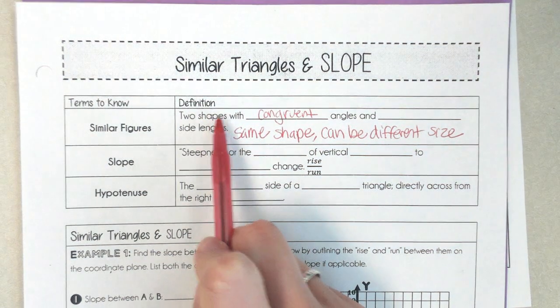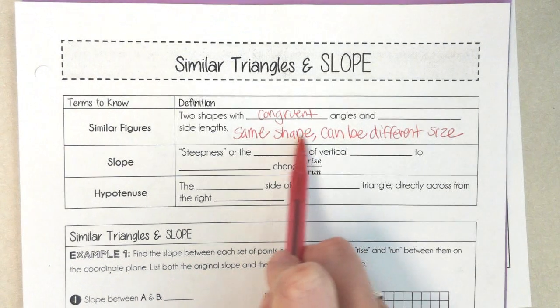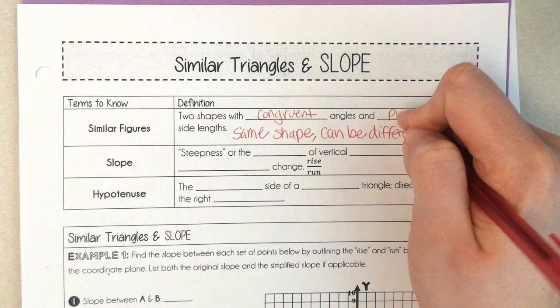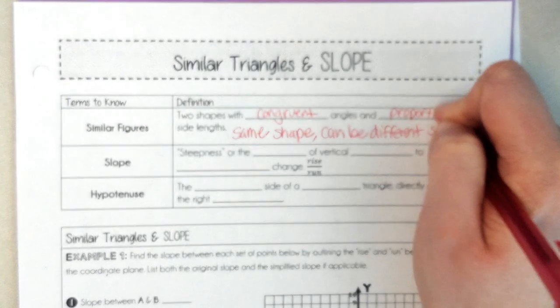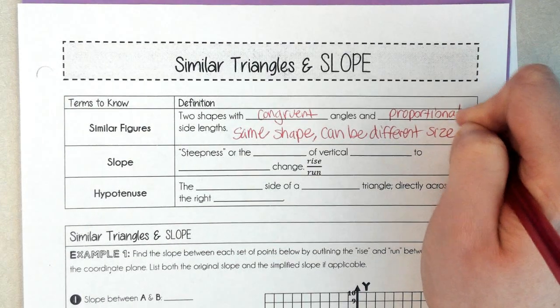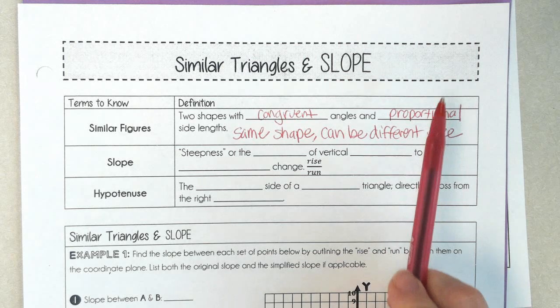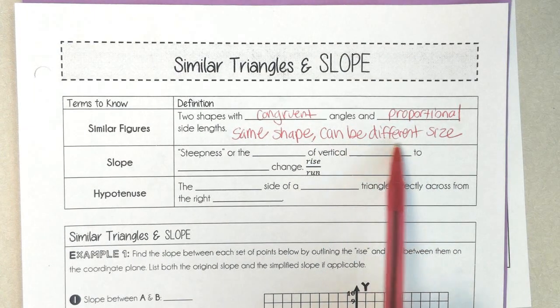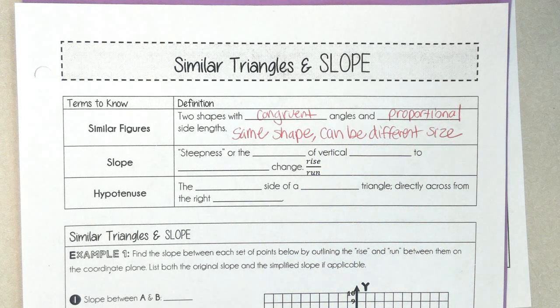So two shapes with congruent angles, that's the same as saying they're the same shape. And proportional side lengths. If they have proportional side lengths, that means they either could be the same size or different size, depending on what the ratio is they're using for their proportion. Okay, depending on what the scale factor is for the dilation. All right.